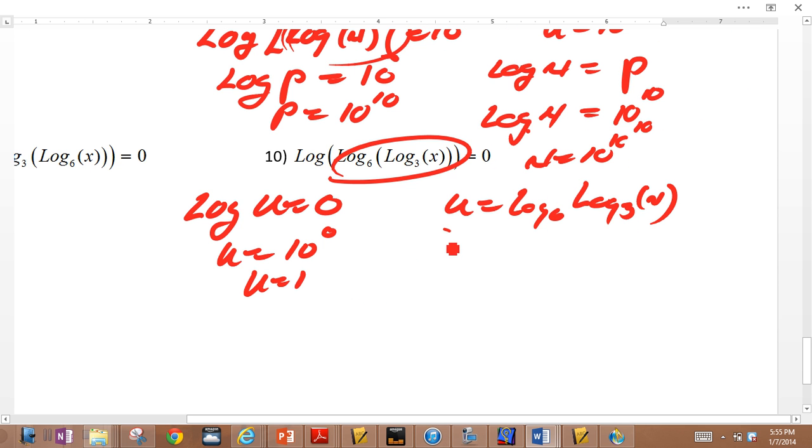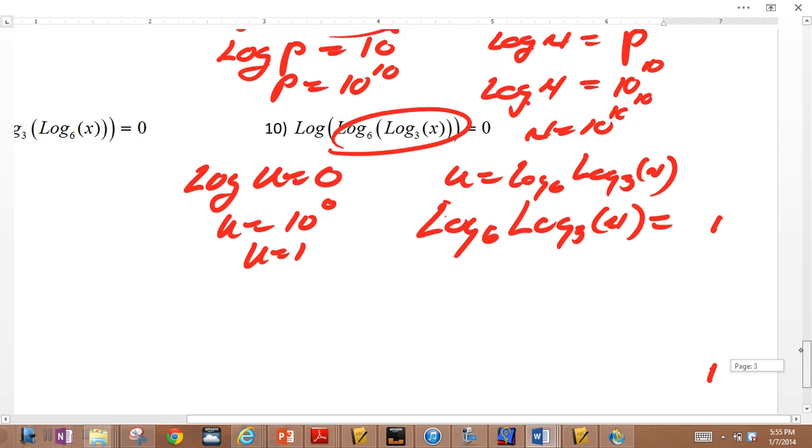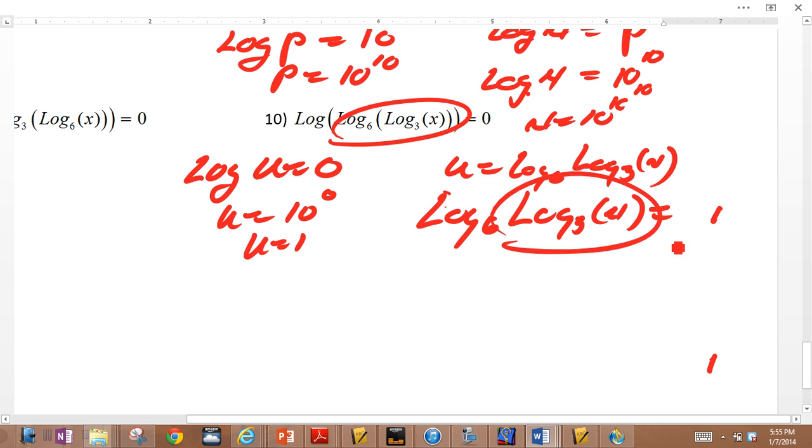So now, come over here, this says the log 6 of the log 3 of x is equal to 1. We're almost done, okay? Now, do another substitution. Let this, log 3 of x, be p. So the expression now reads log 6 of p is equal to 1.